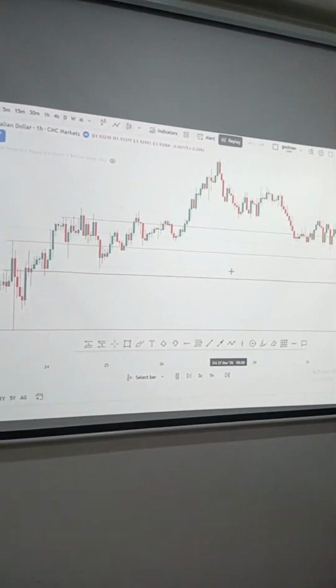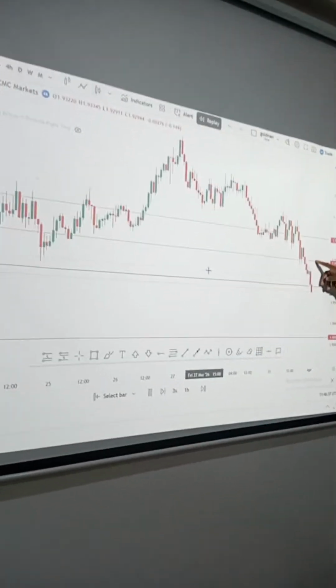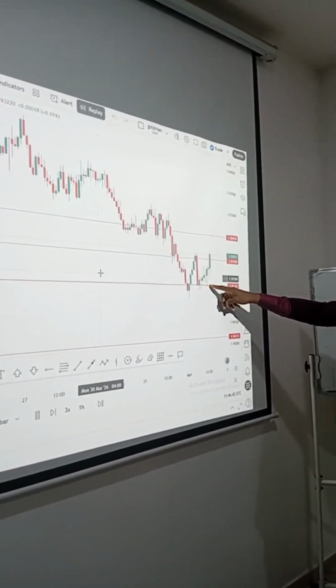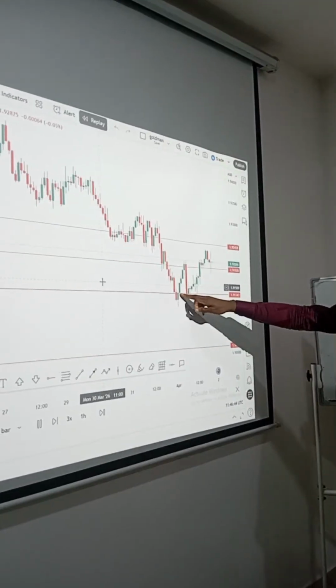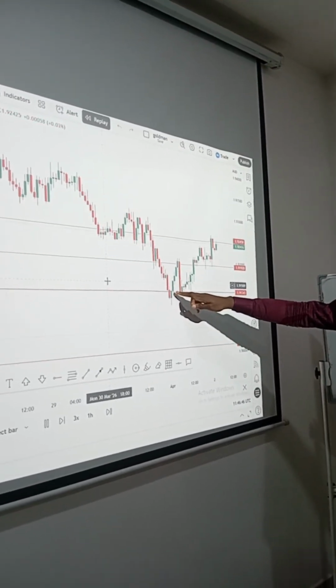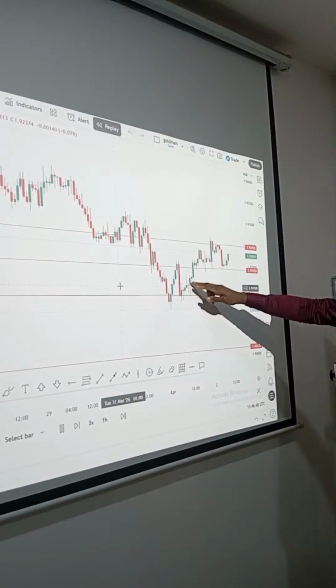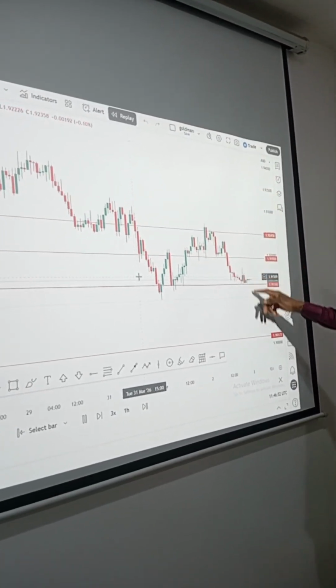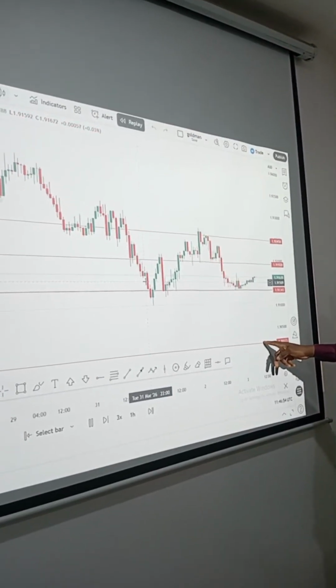What is happening here? It has gone to this level. Are you seeing? It got to this other level. Can you see? So you can see that this level here that we marked is a level that price is reacting from. Are we seeing? If it breaks this level, it's coming to this level.